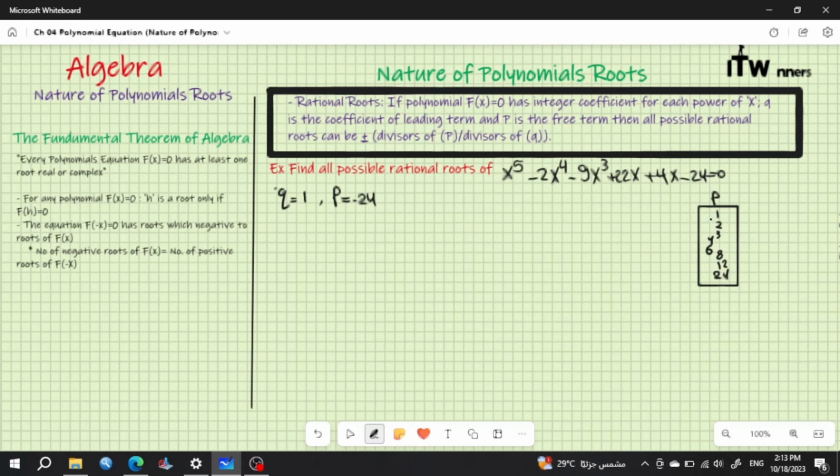So we have the divisors 1, 2, 3, 4, 6, 8, 12, 24.